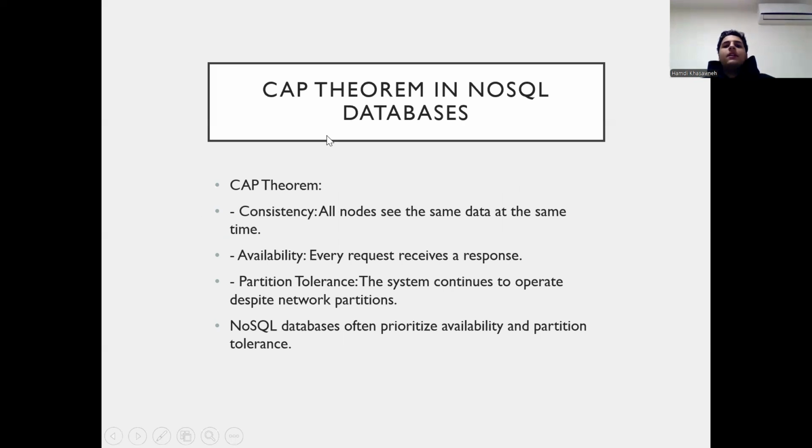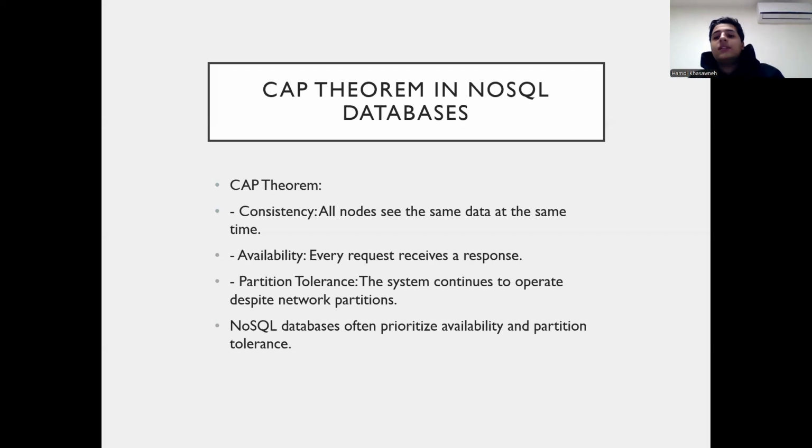Now here we have the CAP theorem in NoSQL databases. The CAP theorem is a fundamental concept in distributed systems, including NoSQL. It states that a distributed database can only guarantee two out of three properties at any given time. CAP stands for consistency, availability, and partition tolerance. Consistency means all nodes see the same data at the same time.